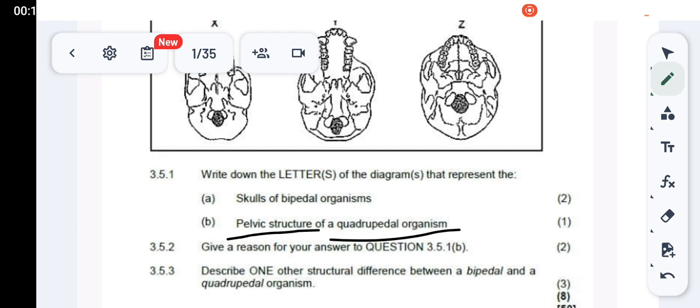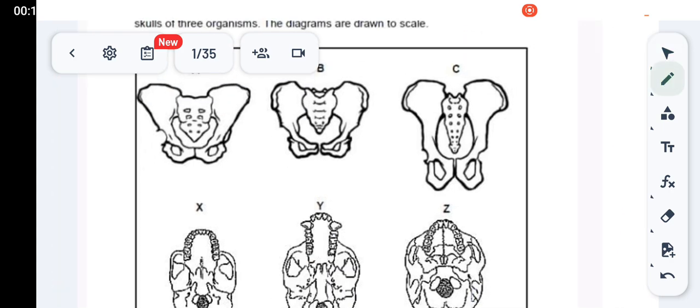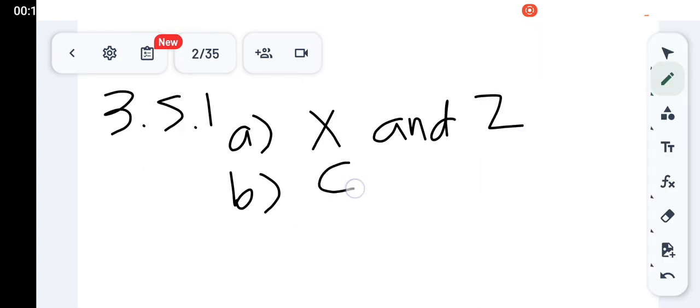They are quadrupedal because they are knuckle walkers. They use 4 limbs for locomotion. So bipedal is for humans, then quadrupedal is for African apes. So we are looking for the letter that represents the pelvic structure of quadrupedal organisms. And remember, for African apes or quadrupedal organisms, the pelvic structure is long and narrow. So C is the correct answer. So we just write C.